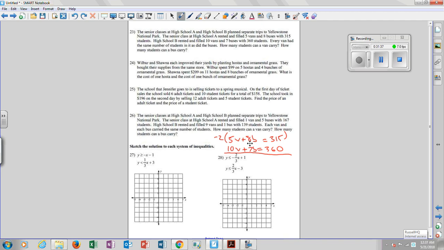That'll make my V's cancel out. So it gives you negative 10V minus 16B equals negative 630. The bottom stays the same: 10V plus 7B equals 360.